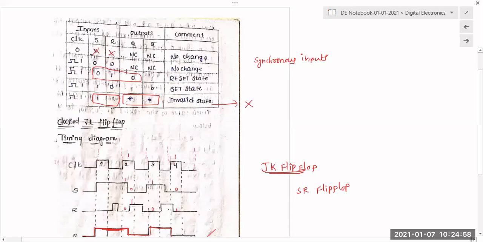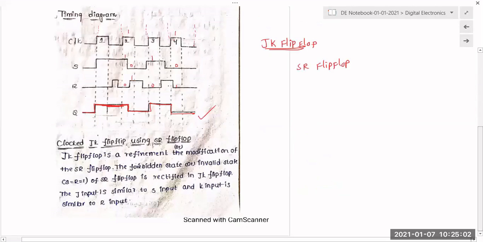Right. So to remove this disadvantage, we go for the next flip-flop, that is the JK flip-flop, a clocked SR flip-flop using the SR flip-flop. Using the SR flip-flop only, I am designing the JK flip-flop. The JK flip-flop is a refinement or modification of the SR flip-flop. The forbidden or invalid state, when the S value and R value are both 1, is rectified in the JK flip-flop.